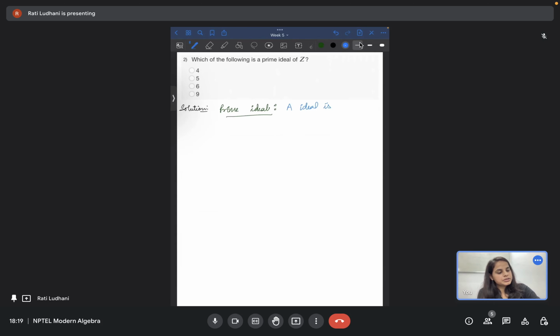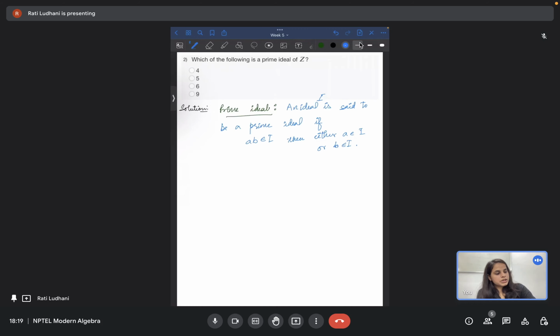Exactly, very good. So an ideal I is said to be a prime ideal of the ring R if ab belongs to I, then either a belongs to I or b belongs to I.